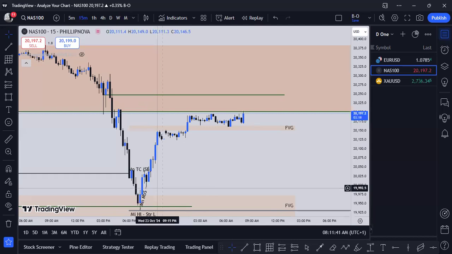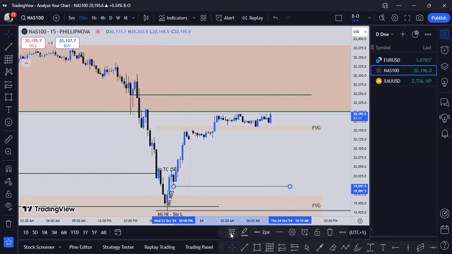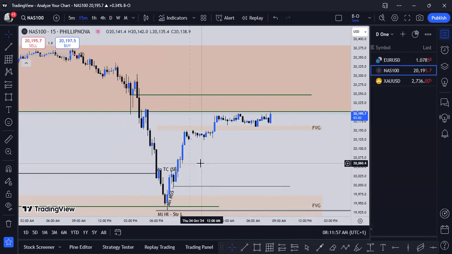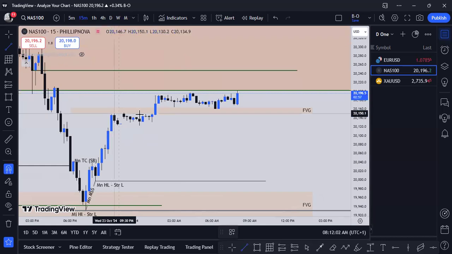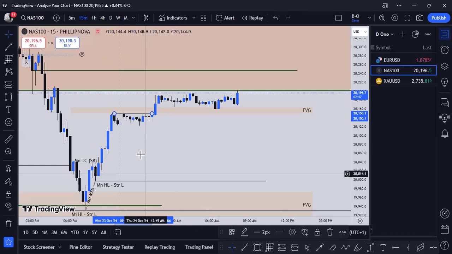So we can have this level. Don't forget we are coming from here, can be our minor strong low, and here to be our weak high, which is a higher high, minor higher high.